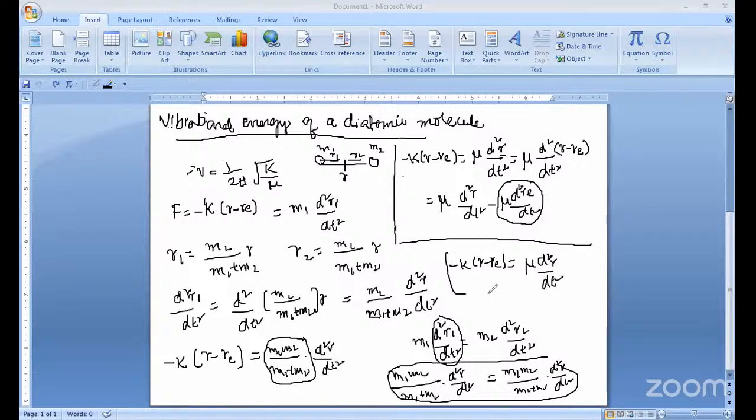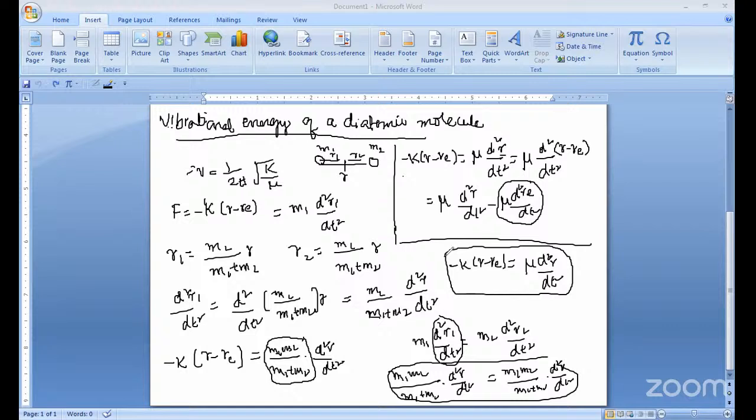This is the actual equation. The equation given in your book is equal to minus dV by dr, so don't write that one. This is equation 13.6 you can take.